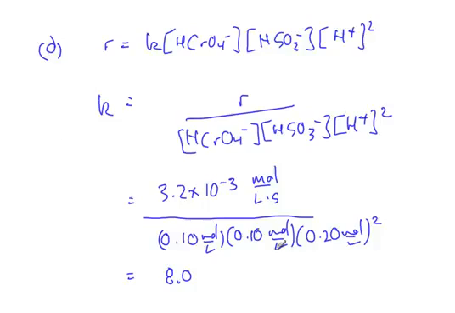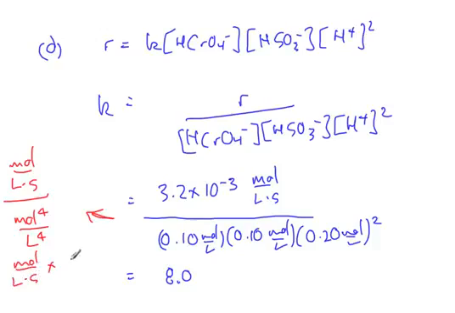Now I'm going to do the unit analysis off to the side here. So what we have is moles per liter second divided by, if you look at all of these units, moles per liter times moles per liter squared becomes moles to the fourth over liters to the fourth. Well, that's the same as multiplying moles per liter second times liters to the fourth over moles to the fourth.